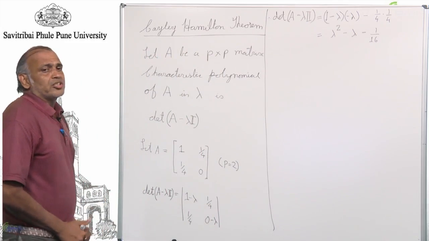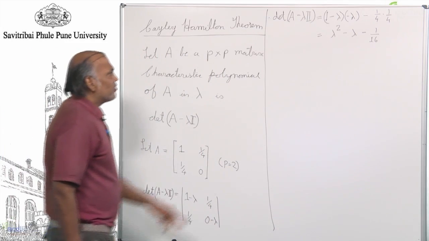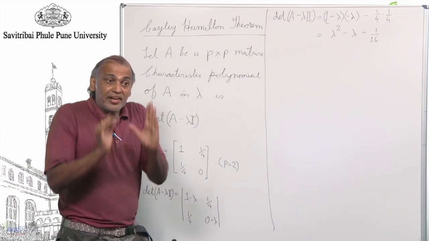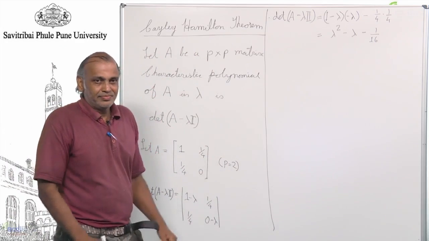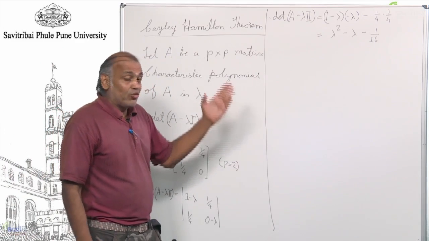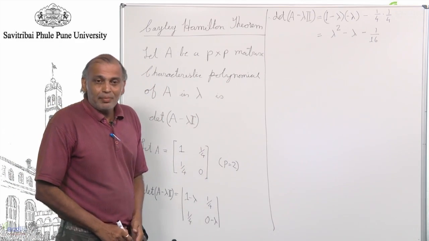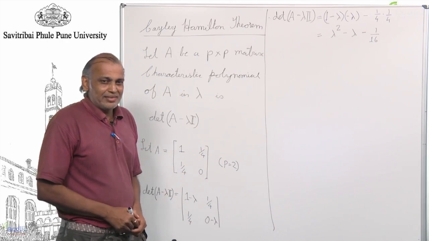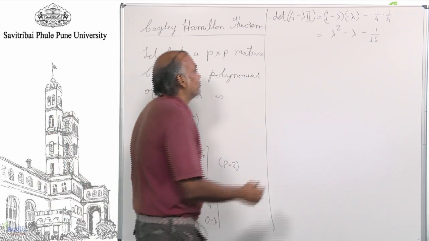Now let us make a curious substitution. Instead of lambda, we pretend that we have the matrix A instead. Of course, that would be a matrix expression, a P by P matrix. Suppose I decide to do that. Let us see what happens.